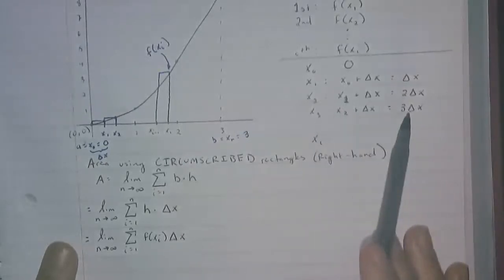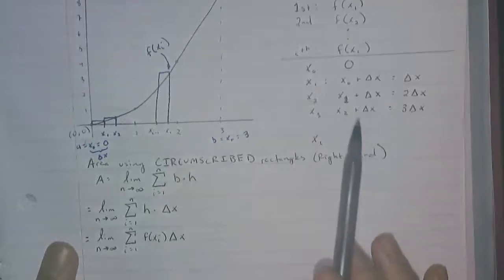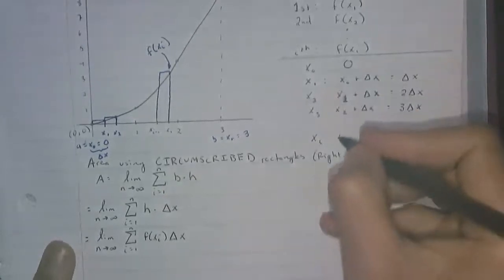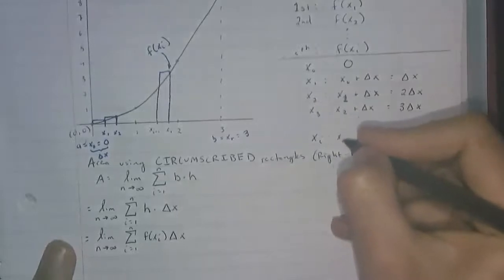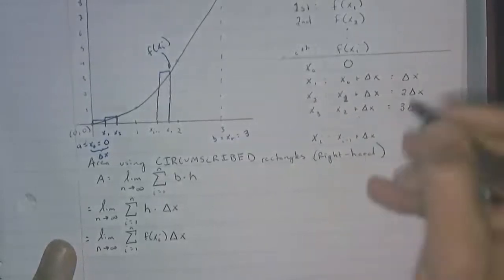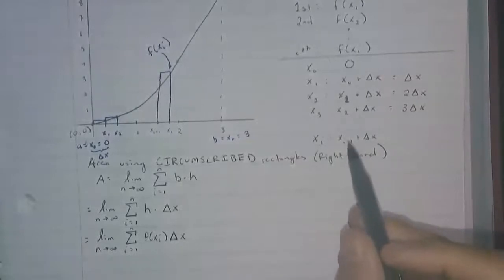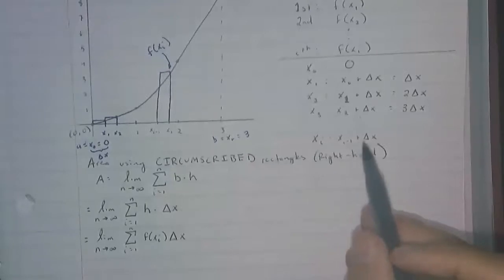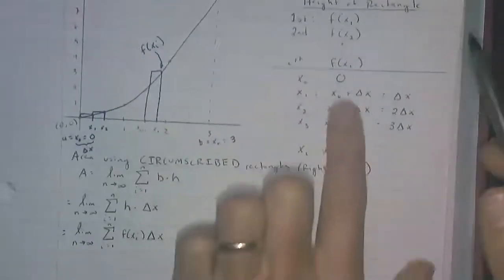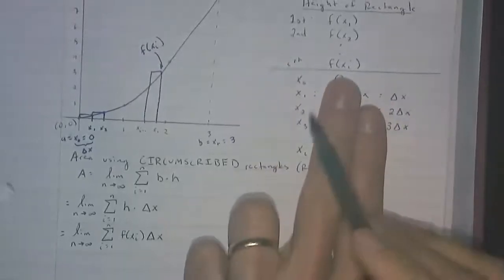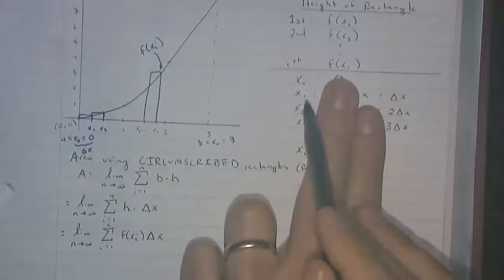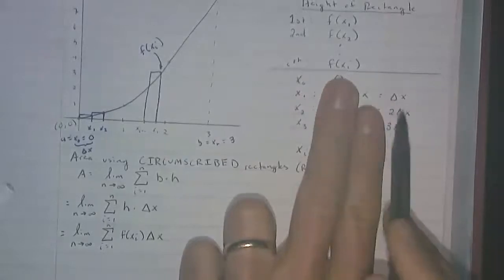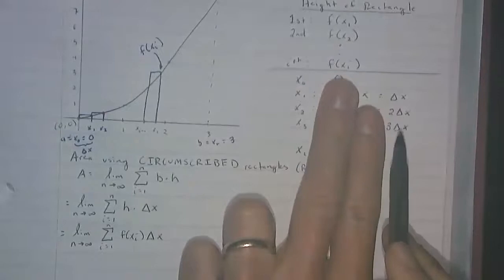x sub i minus 1 plus delta x for sure. That's literally what it would be. But how many delta x's would x sub i minus 1 be? i minus 1. So let's look at the pattern that's emerging. x sub 1 was 1 delta x, x sub 2 was 2 delta x's, x sub 3 is 3 delta x's.